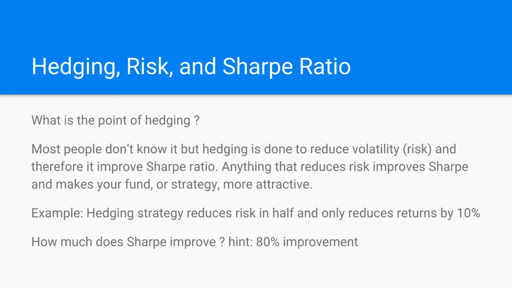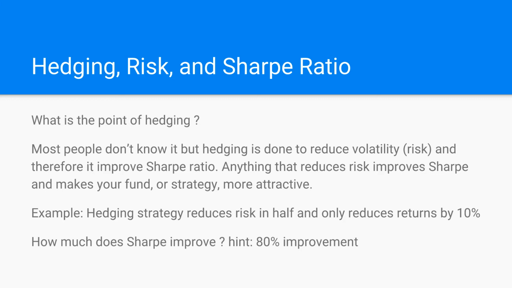I am reducing, smoothing the volatility of my portfolio by hedging. For instance, if I discover magically a strategy that cuts my risk in half, so volatility is reduced in half, and it costs me just a little bit, just 10% of my returns, so it has a very small impact on the total returns.